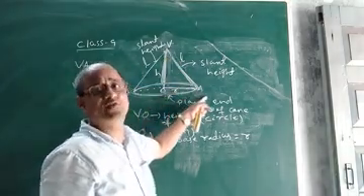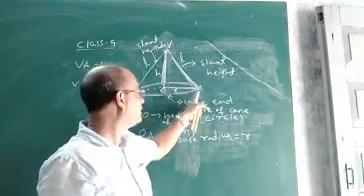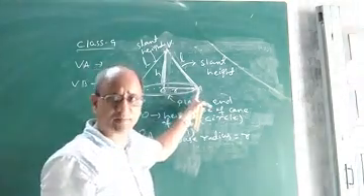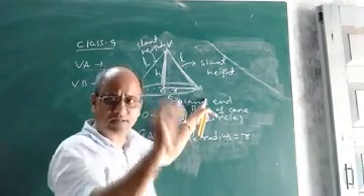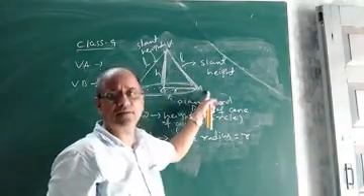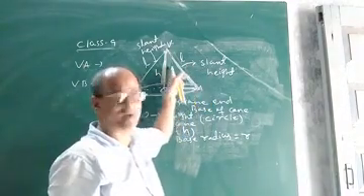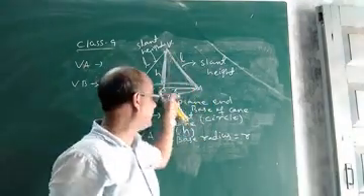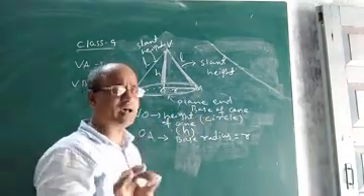If the vertex is joined to any point on the base of the cone, which is a plane or circular end, that line segment is known as the slant height. So slant height is a line segment that joins the vertex of the cone to any point on the circular end or base.